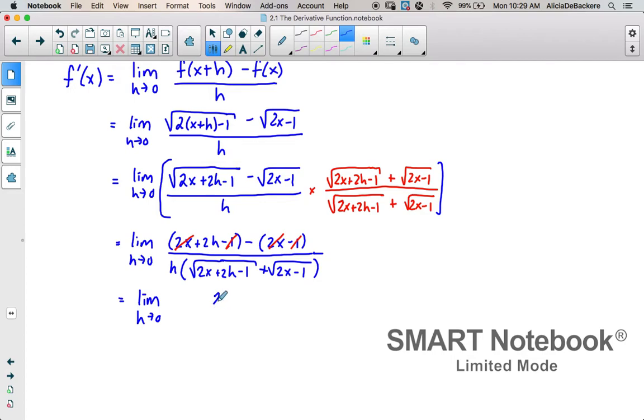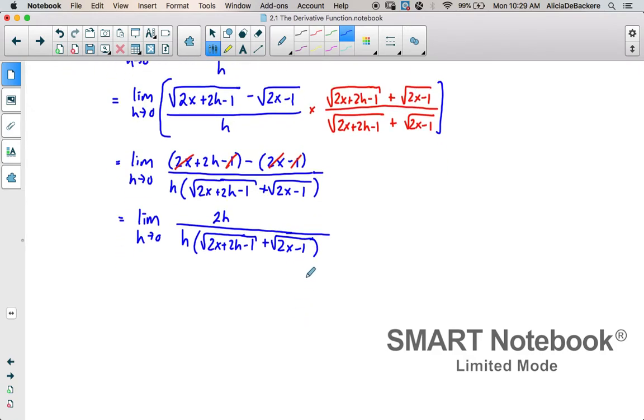And I'm left with 2h up top. All right, now we've got 2 h's as common factors, top and bottom. They're going to cancel out. And at this point, I've come up with an expression that I can take the limit of.